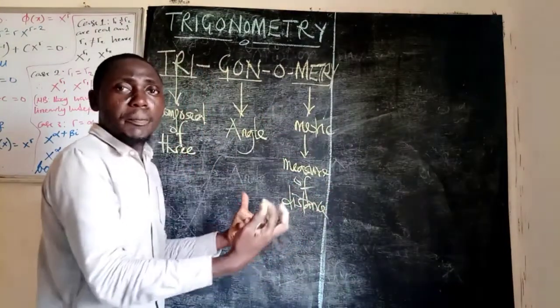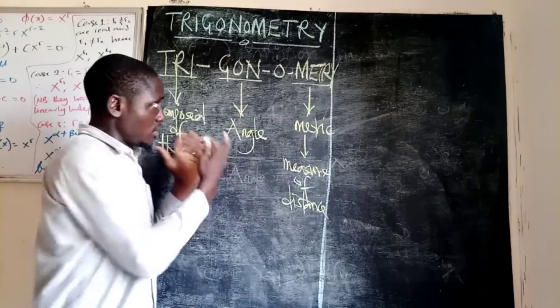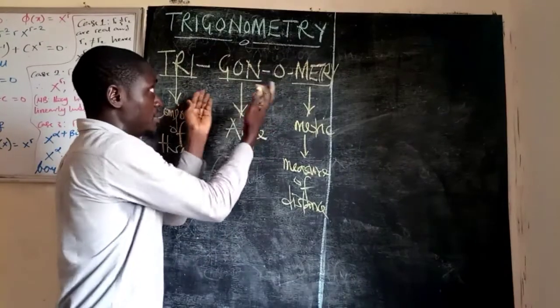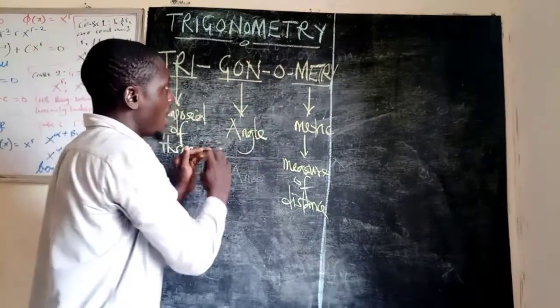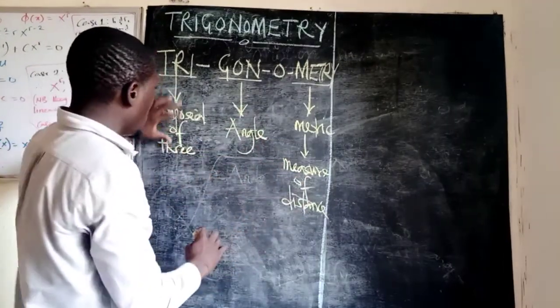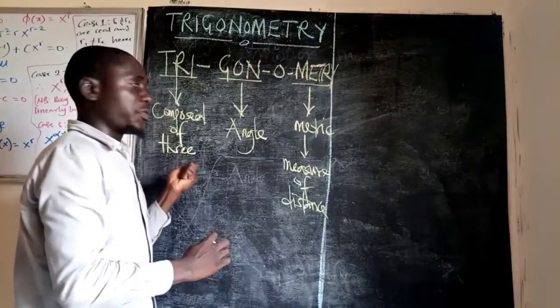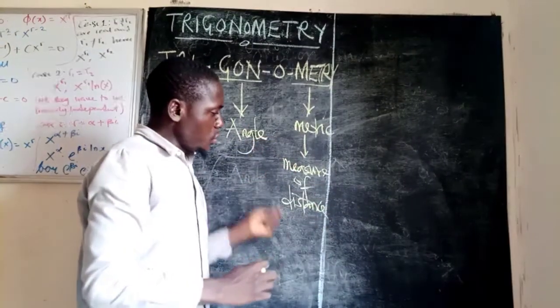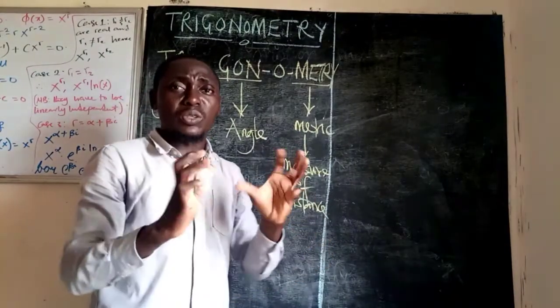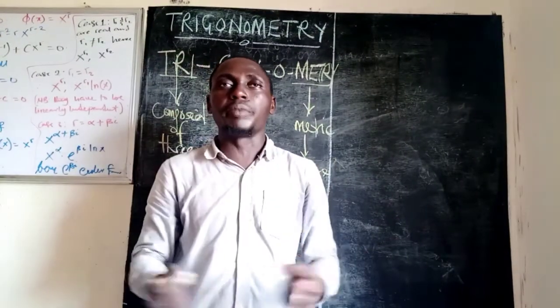Now, if we combine every syllable in this word together, we have trigonometry. So we have something that is composed of three, we have an angle, we have a measure of distance. And once we are talking about measure of distance, we are talking about non-negative real numbers.